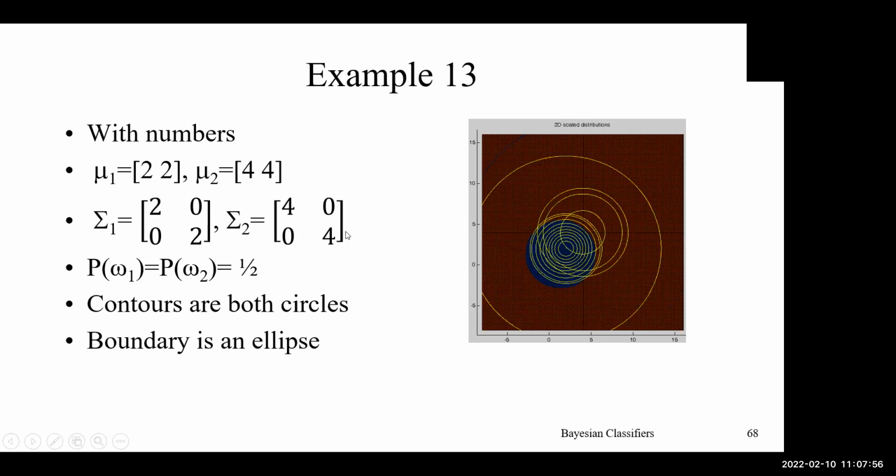Because sigma 1 is not equal to sigma 2, our decision boundary is no longer linear. Only if sigma 1 equals sigma 2 do we have linear decision boundaries. If sigma 1 is not equal to sigma 2, we do not have linear decision boundaries. We're now moving up into quadratics.